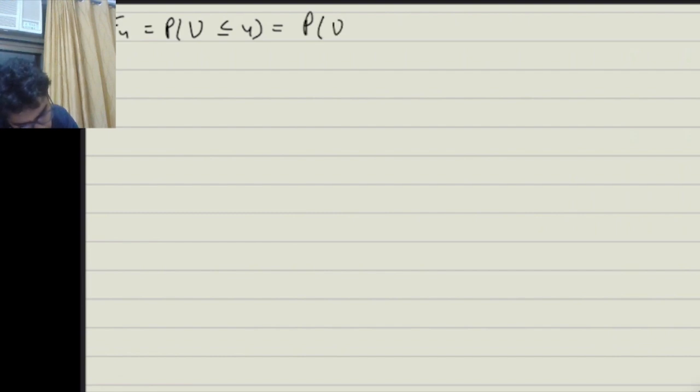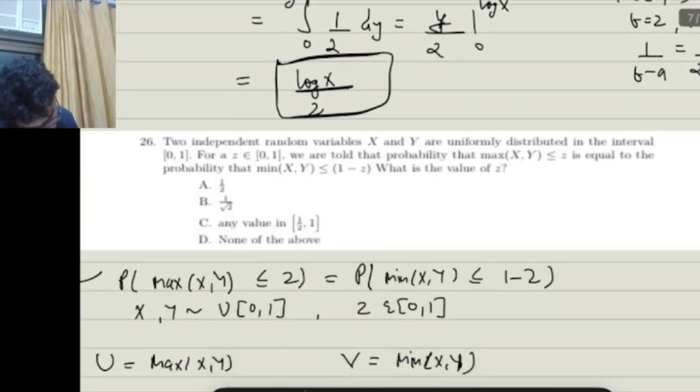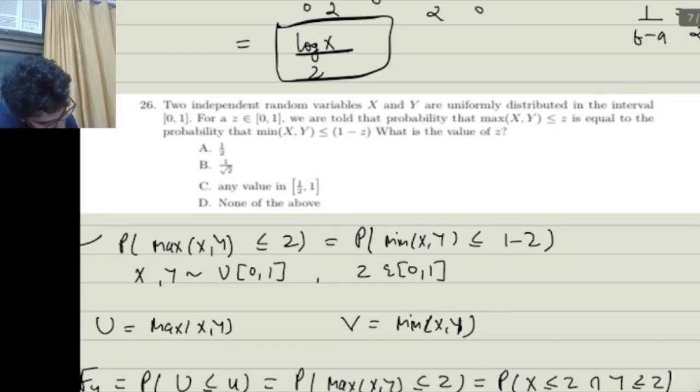Now this gives me, just assume here it to be z. Not assume, it's given to us. So u is less than or equal to z.